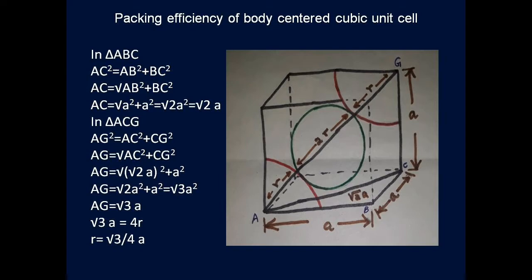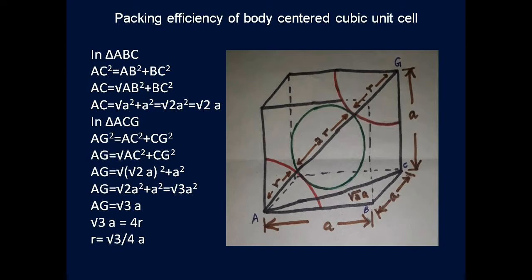In this ACG, here also we are going to use the Pythagoras theorem. According to the Pythagoras theorem, AG squared is equal to AC squared plus CG squared. Now AC we already calculated, that is square root 2 a, and CG is, see the diagram, a. Now substitute this value, we get the AG value is equal to square root 3 a.